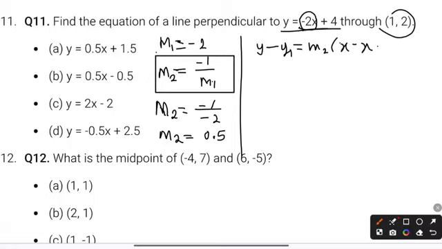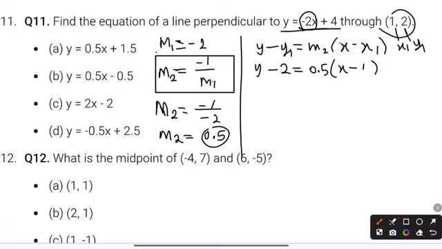Our y1 is going to be 2, and this is x1, which is 1.